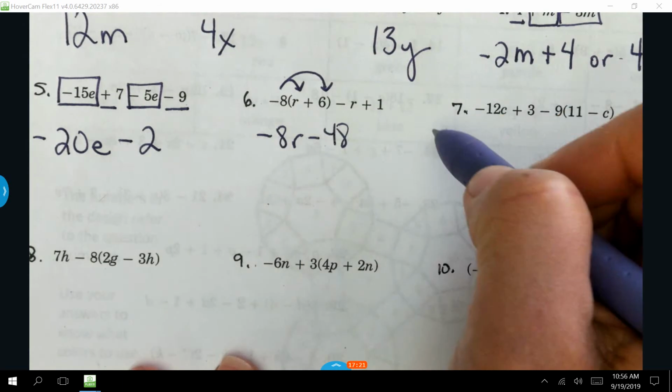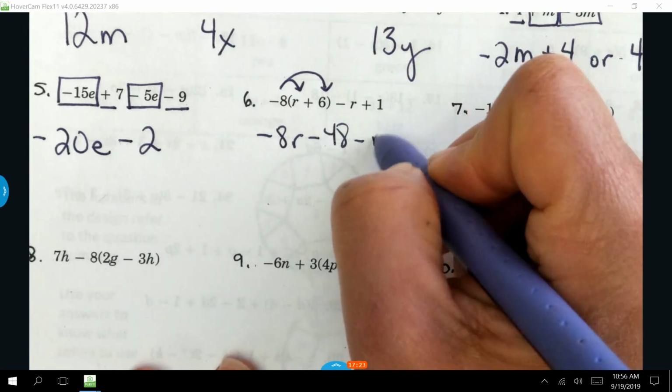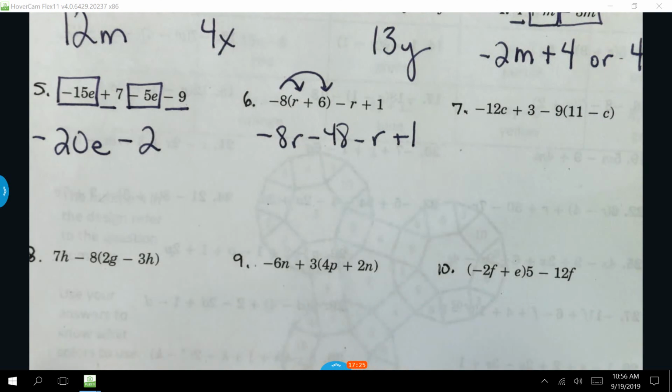And then you just recopy the rest: minus r plus 1. You might say, can I put plus negative 48? Again, you don't need the double sign.